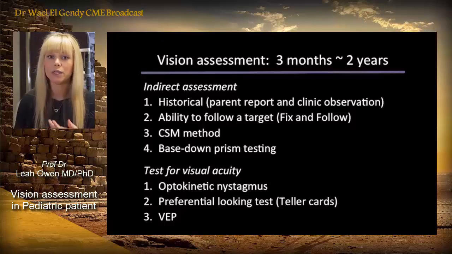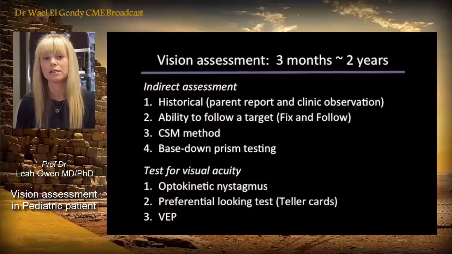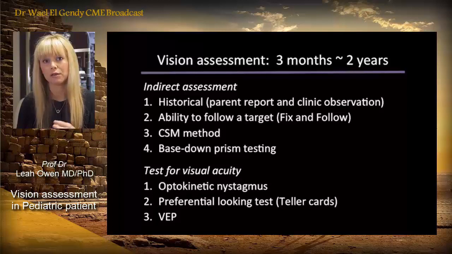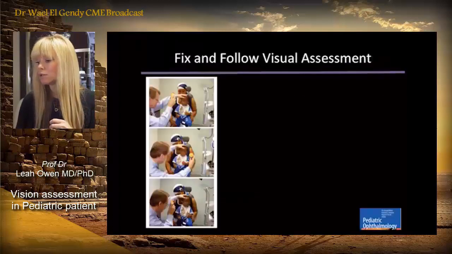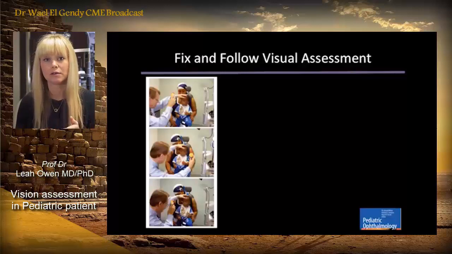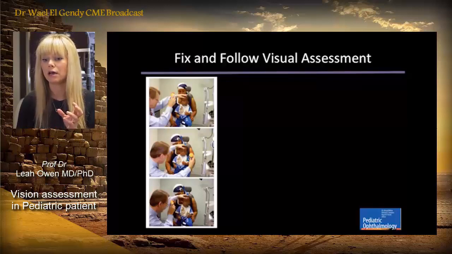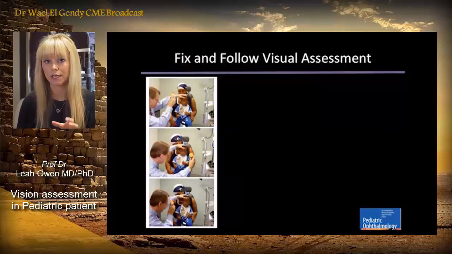And then finally, we can use visually evoked potentials, which is an electrophysiology technique that measures the speed of transmission of a visual stimulus to the brain. So we'll start with our assessment of a fix and follow behavior. This is really the most commonly tested form of vision in this age range.